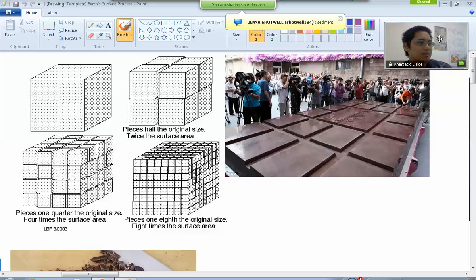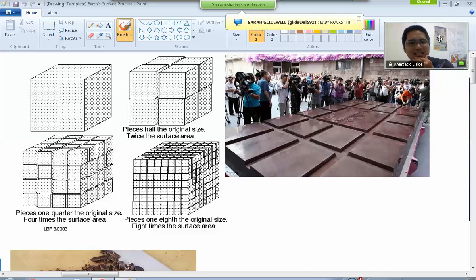The one you damaged. Yes, exactly. If I take something and I physically weather it, I have smaller rocks, baby rocks, smaller pieces of rock, but it's still the same type of rock. Does that make sense?